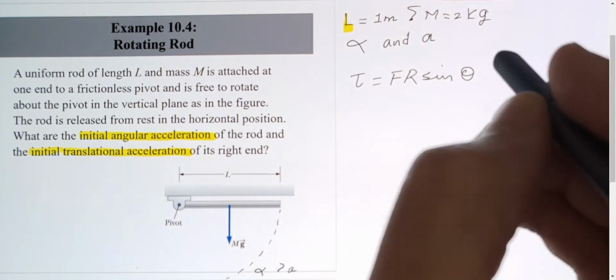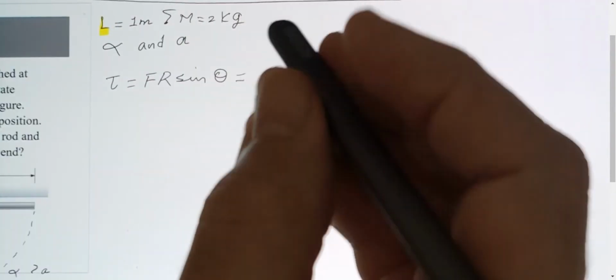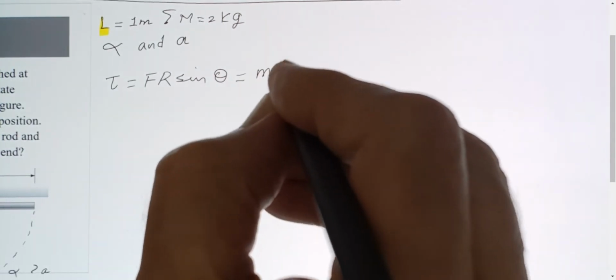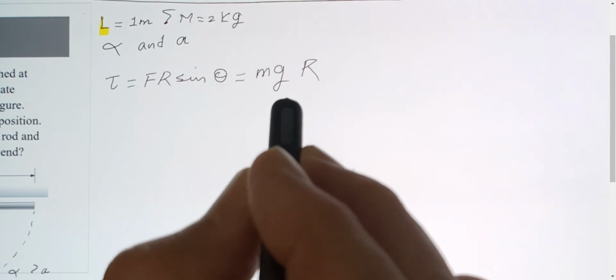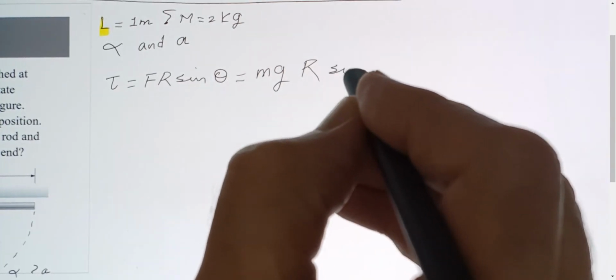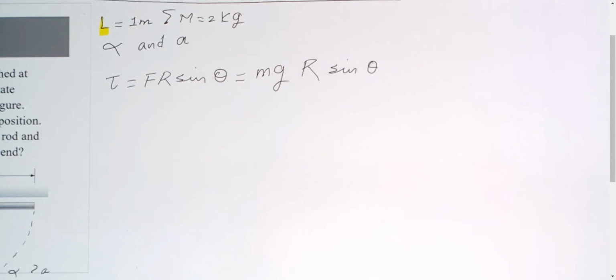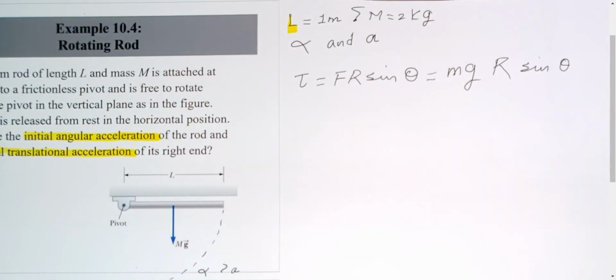So what is F? F is mg. We have r, the distance between the pivot and the center of mass, and we have sine theta. If you look, sine theta is nothing but 1, because the direction of the force of gravity is perpendicular to the motion at the beginning.